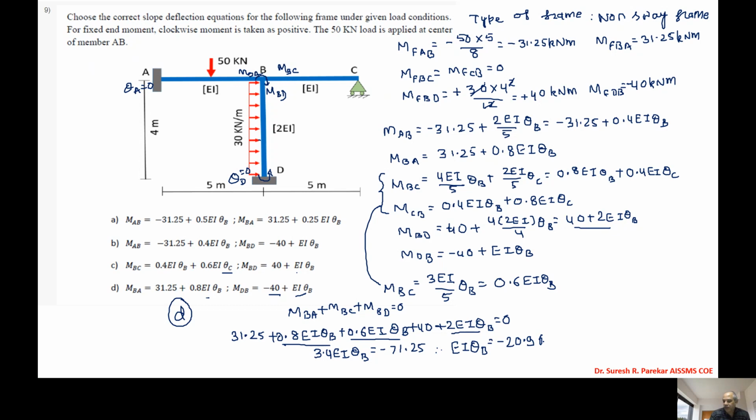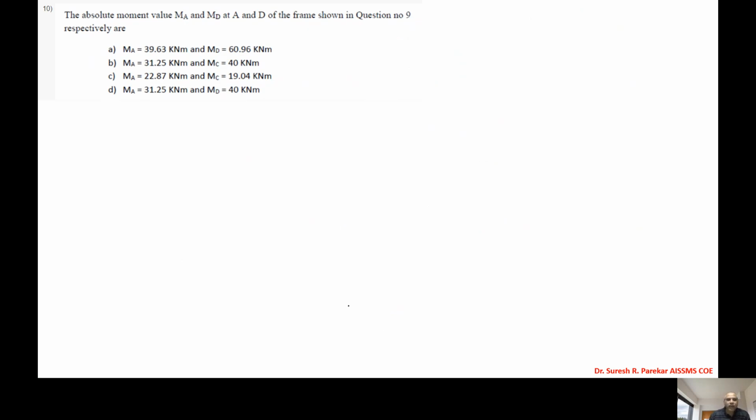And now we have to find the values of MA and MD. So MAB is equal to minus 31.25 plus 0.4 EI theta B, with EI theta B as minus 20.96, and this gives MAB equal to minus 39.63 kilonewton meter.